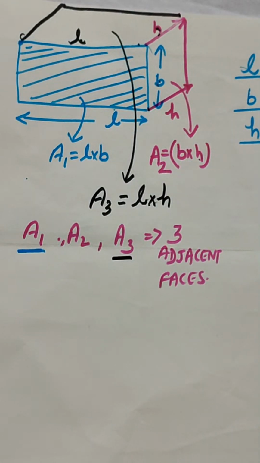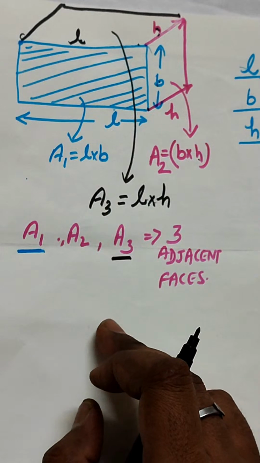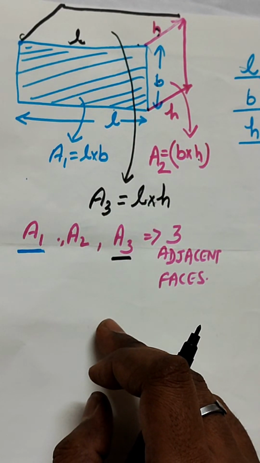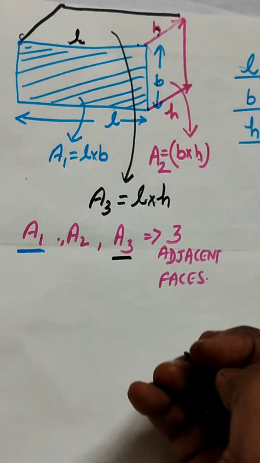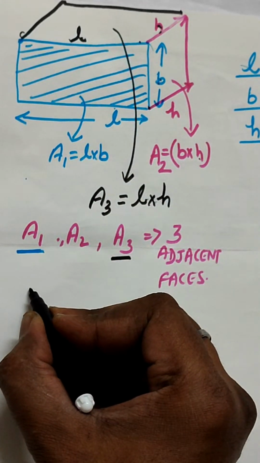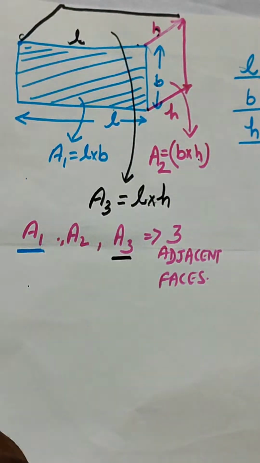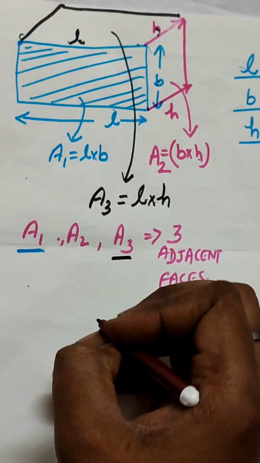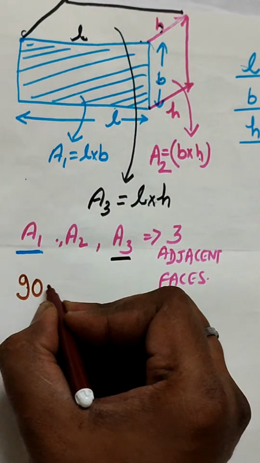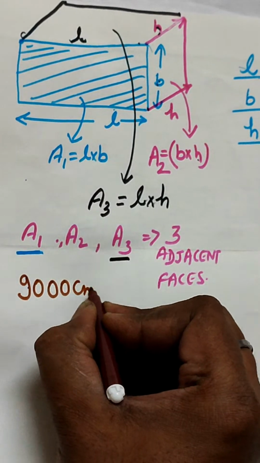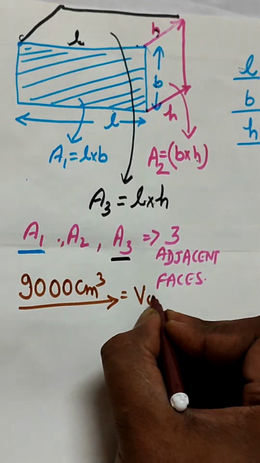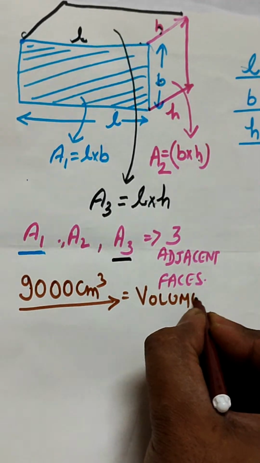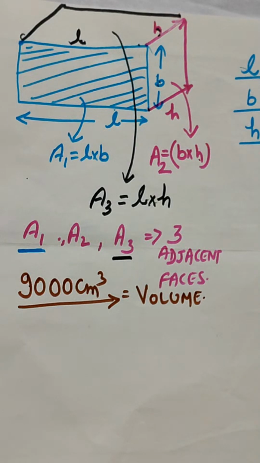It's given that the volume of this cuboid or rectangular block, let's say V, is 9,000. So 9,000 centimeter cube is the volume of the given rectangular block.